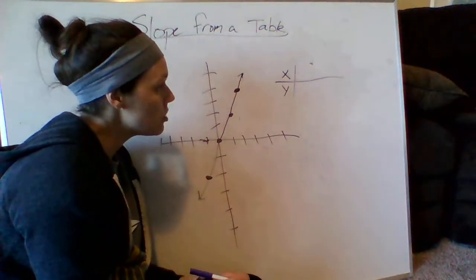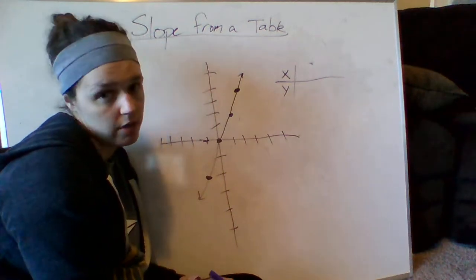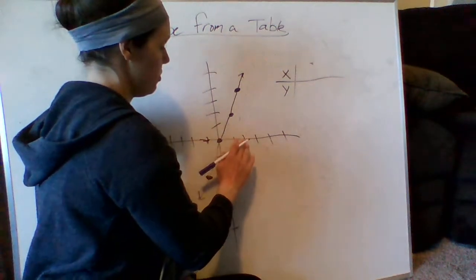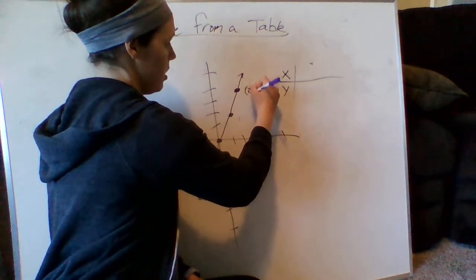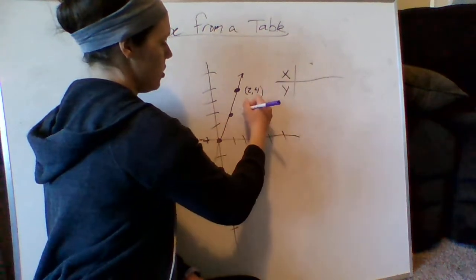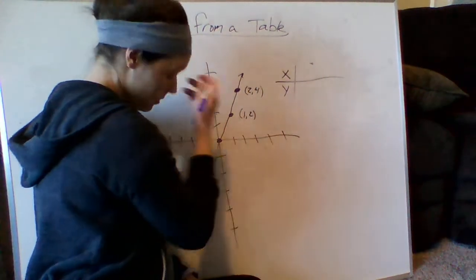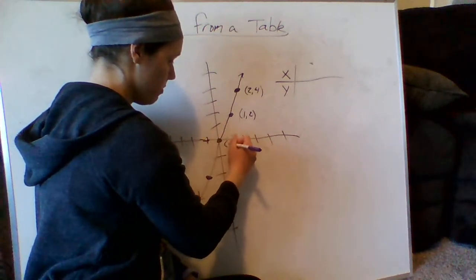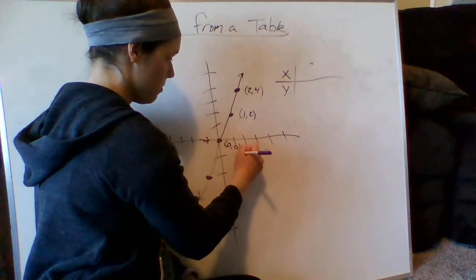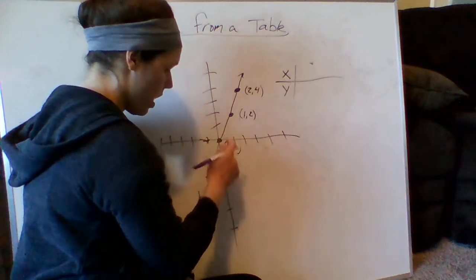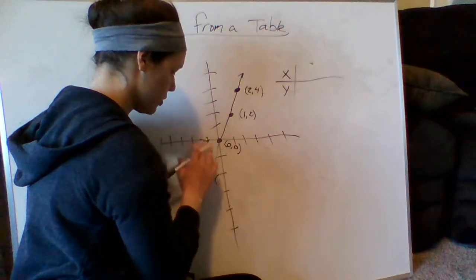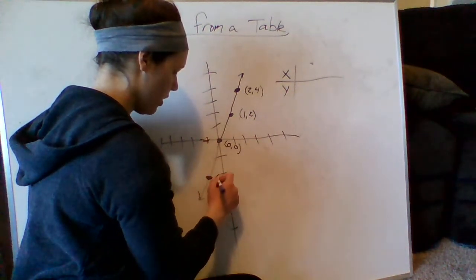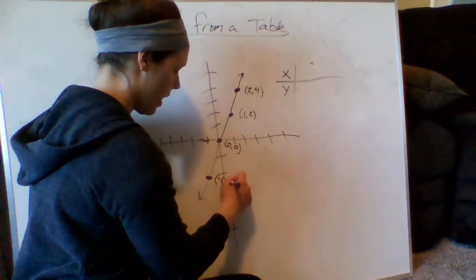So let's start by writing our coordinates out, okay? So I've got 2, 4, 1, 2, 0, 0, and then -1, -2, okay?